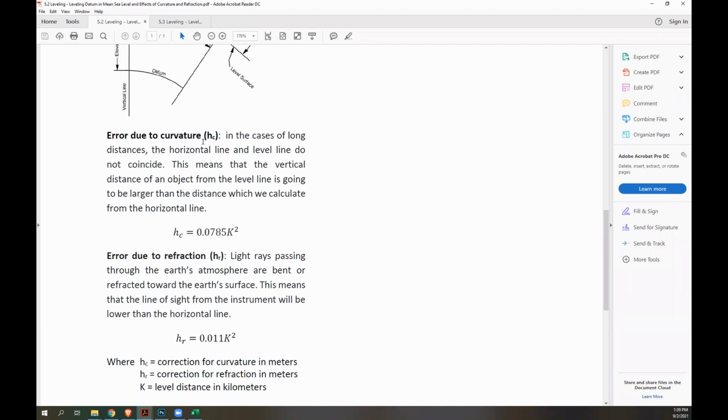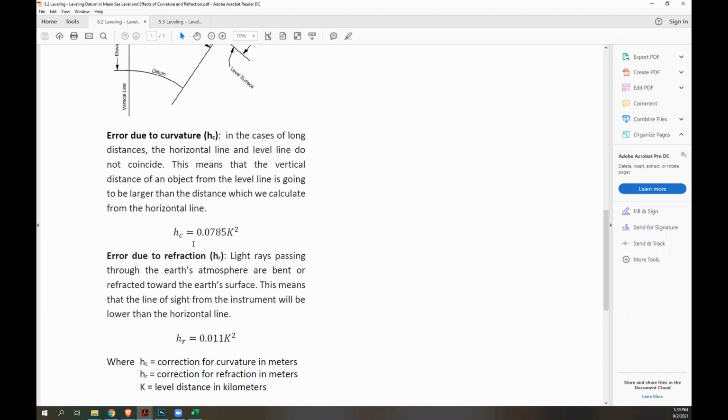Level line isn't absolutely horizontal, so that's why they don't coincide, because it curves. This means the vertical distance of an object from the level line is going to be larger than the distance which we calculate from the horizontal line. To account for that correction, H sub C is 0.0785 k squared. Later on, I'll tell you what that k is.